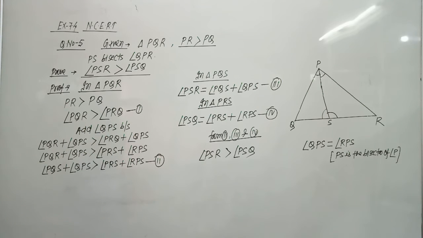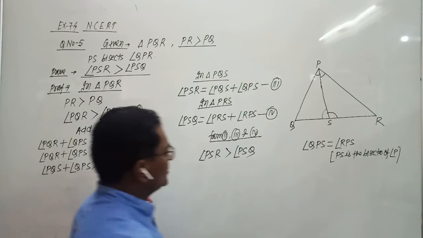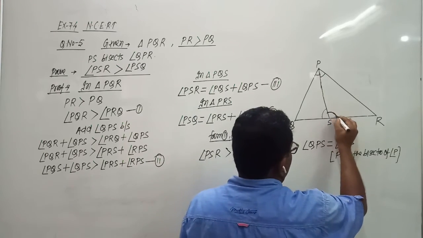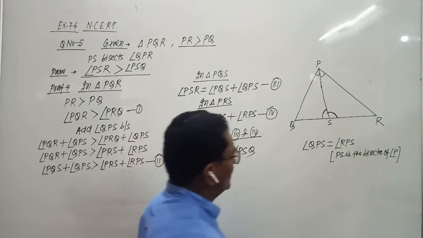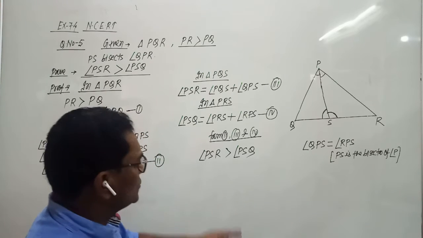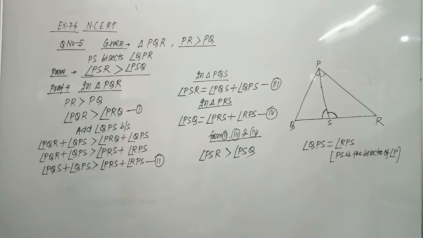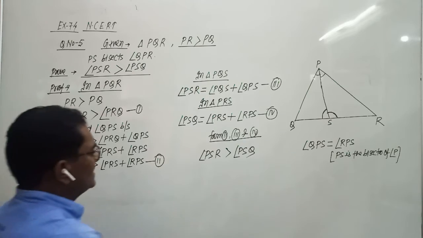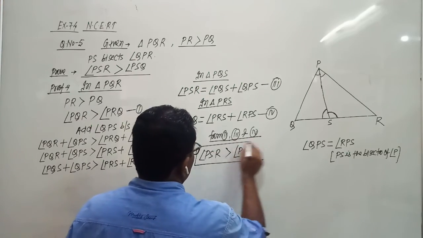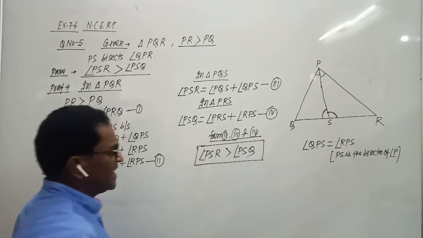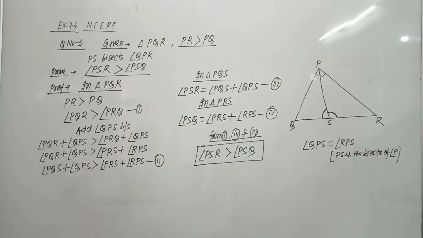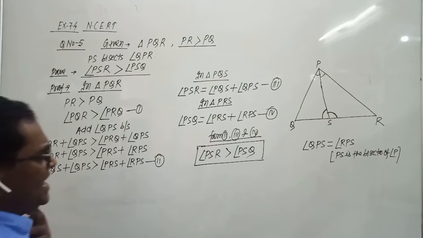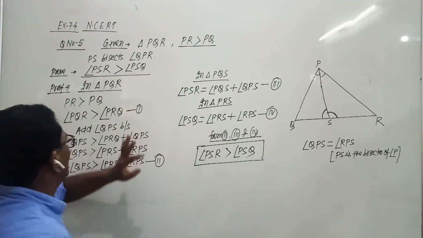So PSR is greater than PSQ. We get the result that angle PSR is greater than angle PSQ. This is what we had to prove.